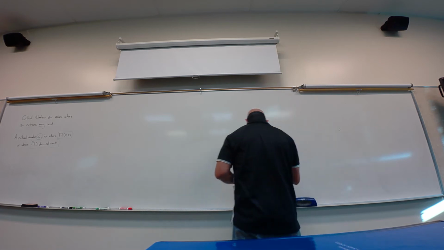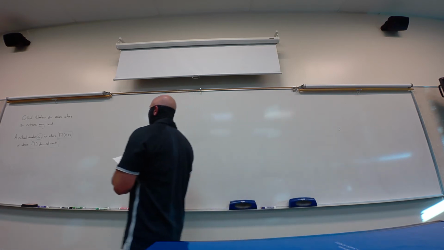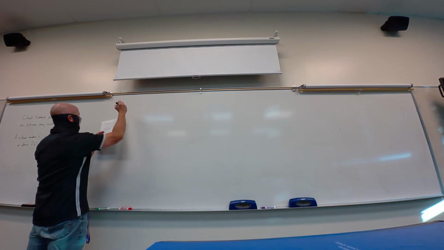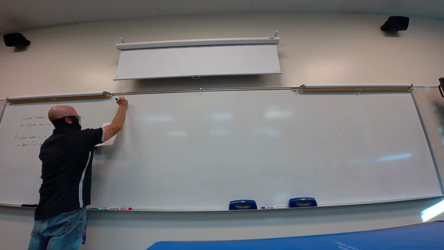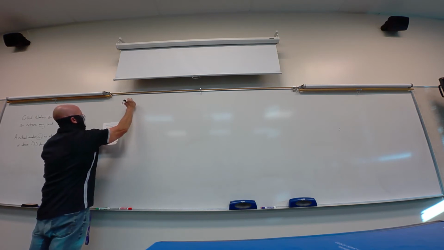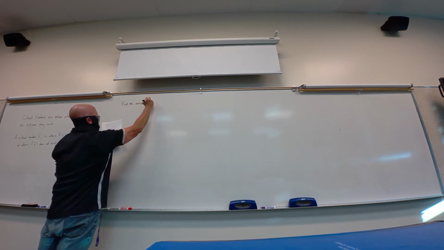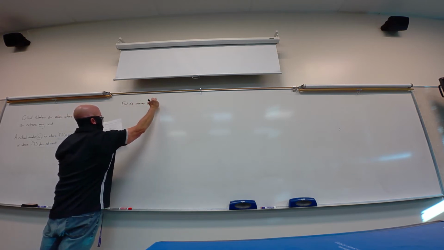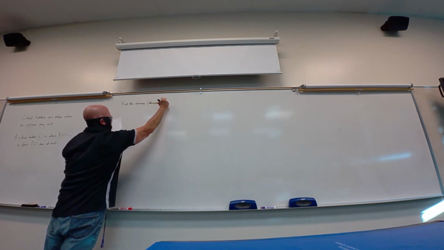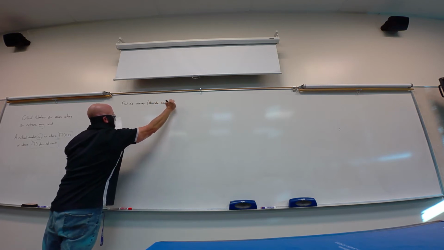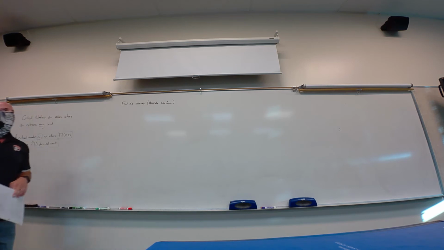And then that gives us x values to see if we found an extreme value. Right? So I'm going to say find the extrema. And when it's written like this, it's referring to the absolute max or min. Right? It doesn't say relative extrema. Find the extreme, the highest, the lowest.